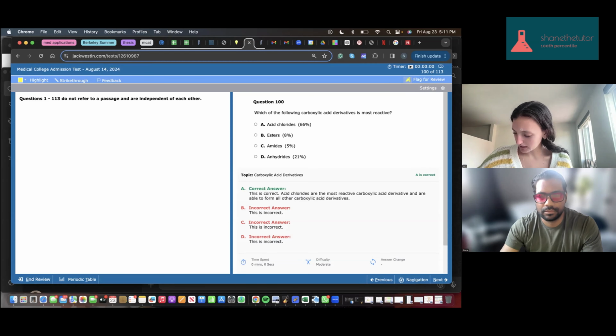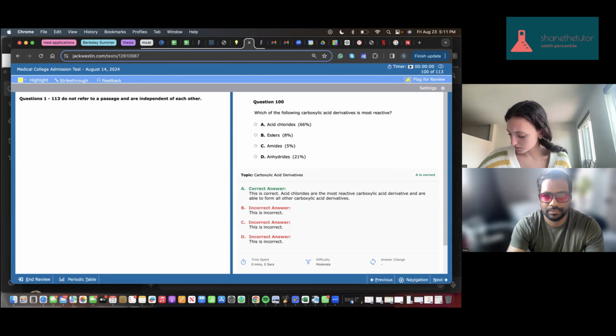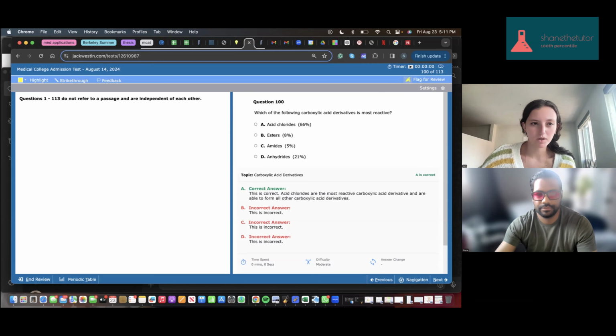Amides would be the most stable, and then between anhydride, acetyl chloride, and ester: anhydride and ester both have oxygens and their respective R group.